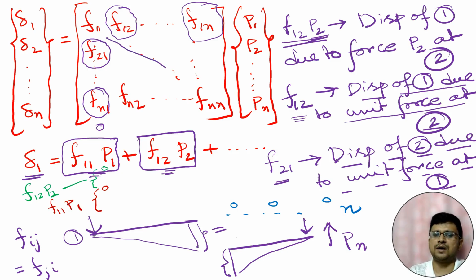If we hold a mirror along the principal diagonal, then the term on this side of the mirror and the term on the other side of the mirror will be the same. So this is one basic property of the flexibility matrix.